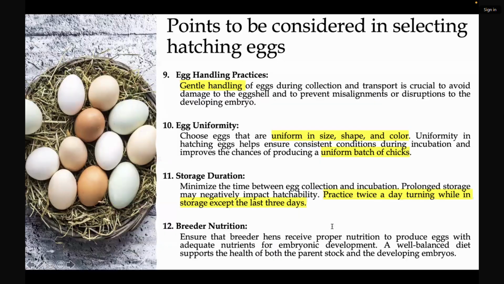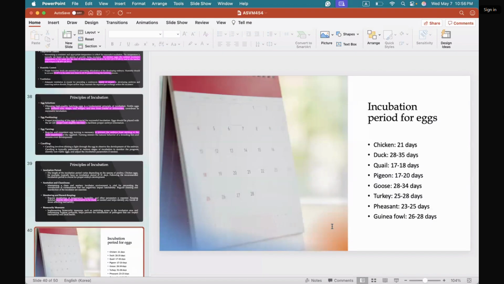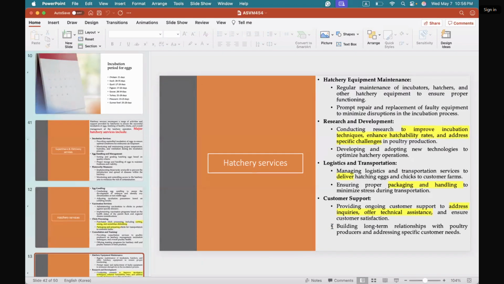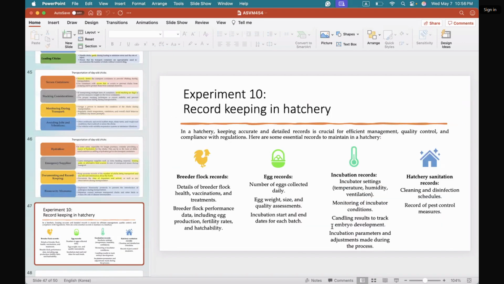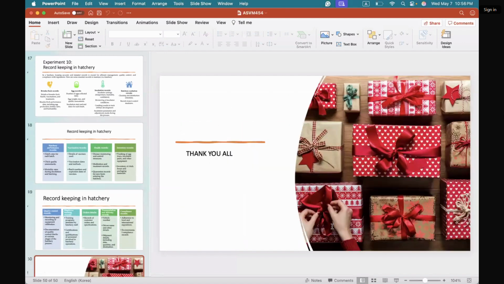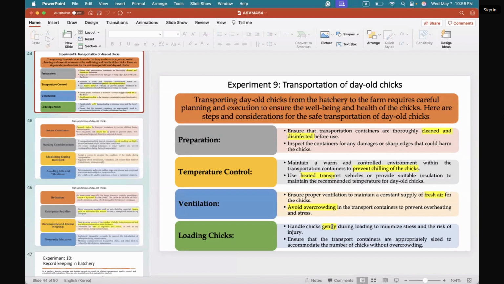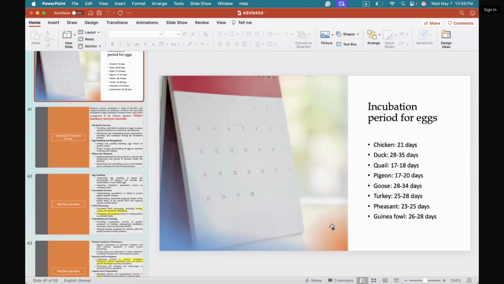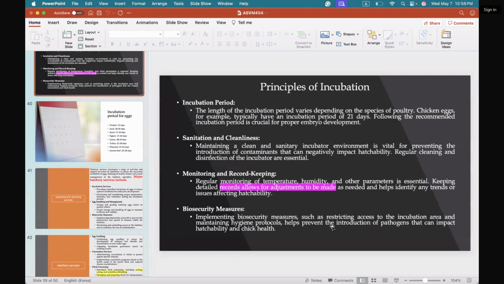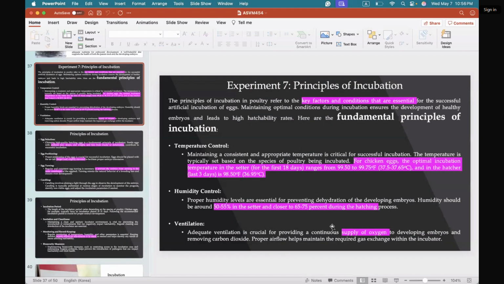In our next class, we will try to cover experiments 7 and 8. Later on, we have 9 and 10. So we may have only 2 more classes after today to cover this syllabus, and I will provide some topics for your assignment.